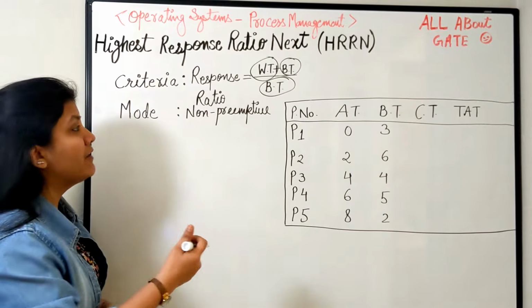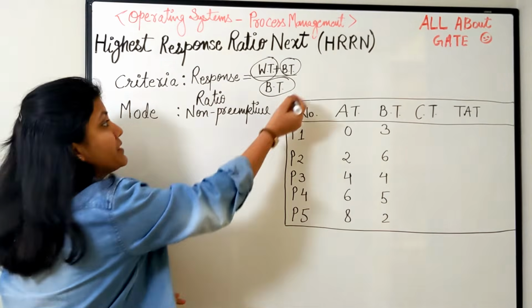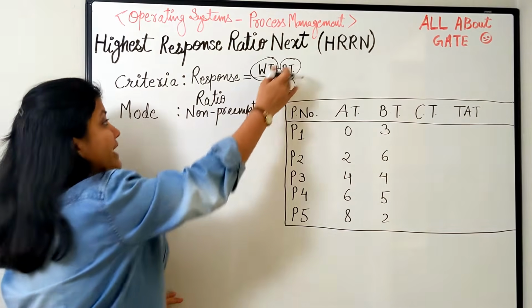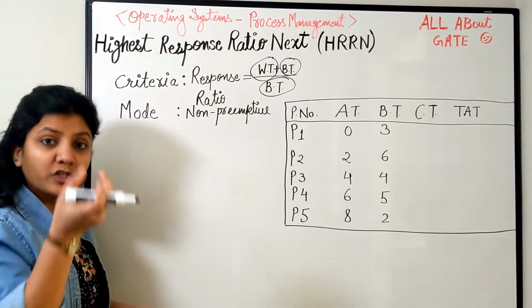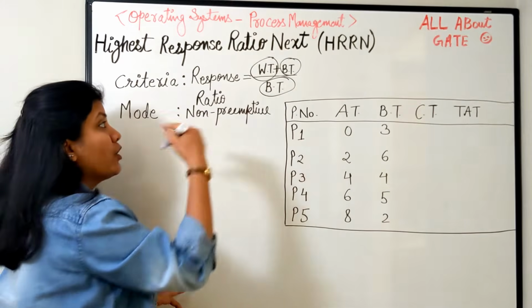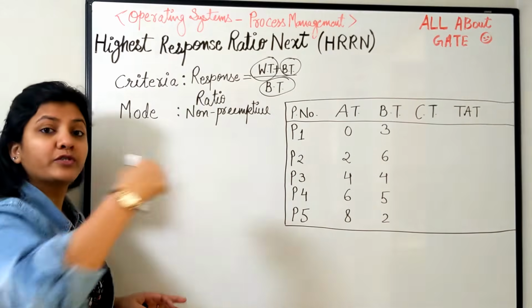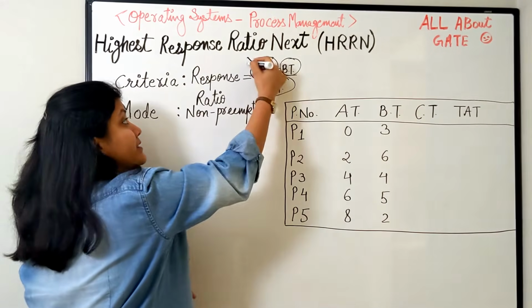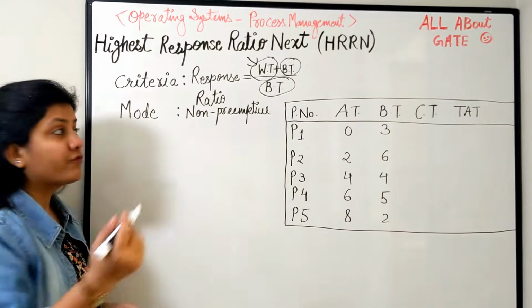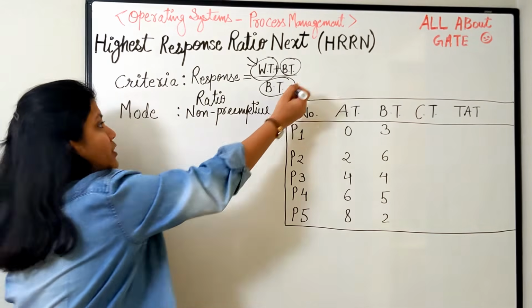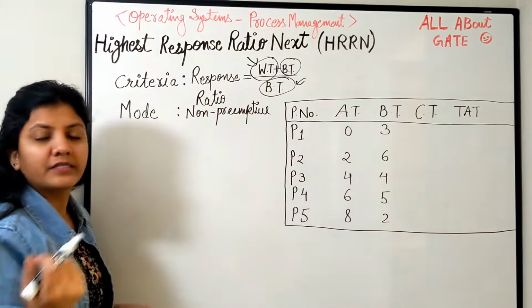If we have a longer process, meaning the burst time is more, the response ratio will tend to be small. But if that longer process has waited for a longer time, the response ratio is going to go high, because the wait time is considered in the numerator. Of course, a process with a smaller burst time will also get a higher response ratio because the burst time is in the denominator.